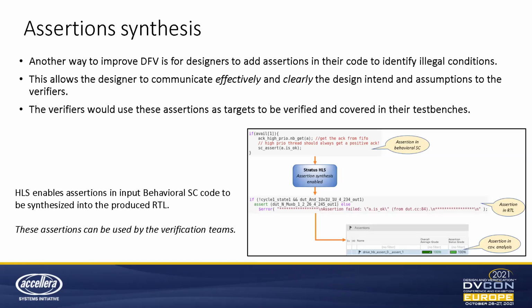In this picture, you can see the sc_assert is synthesized into RTL, and verification teams can easily see it and collect coverage on it in their verification environments. The assert message has a reference to the originating SystemC source code line, so it can easily be traced back to the originating source.